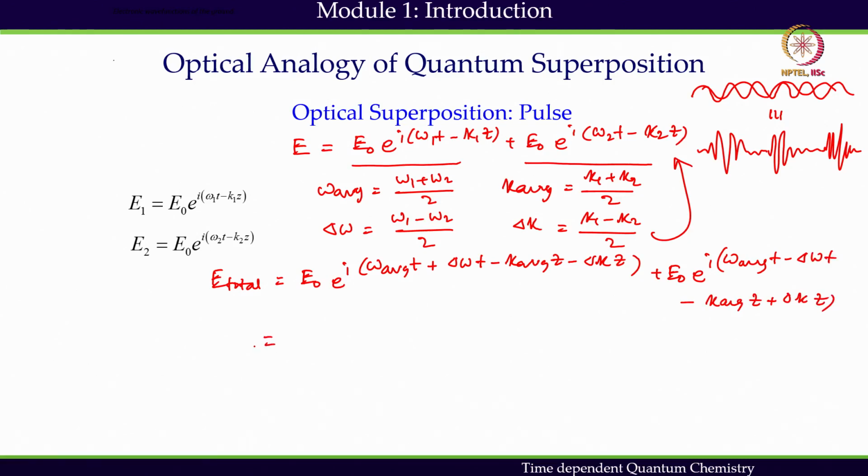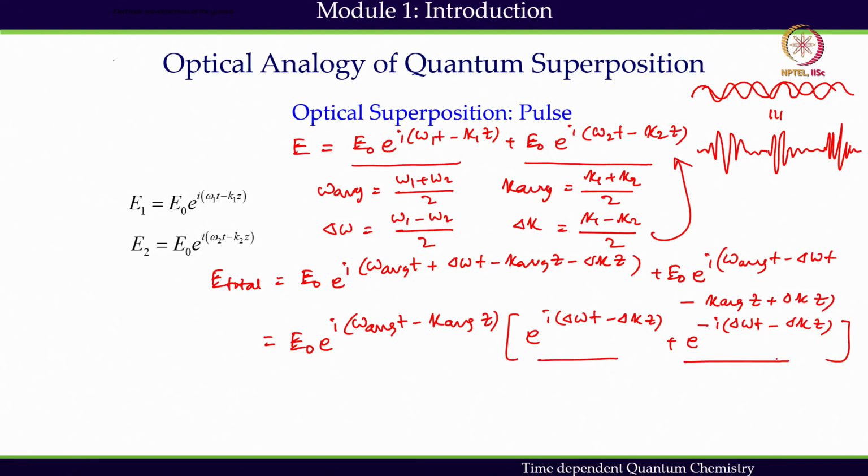If we simplify it to some extent, we get E naught e to the power i(omega average t minus k average z) multiplied by [e to the power i(delta omega t minus delta k z) plus e to the power minus i(delta omega t minus delta k z)].